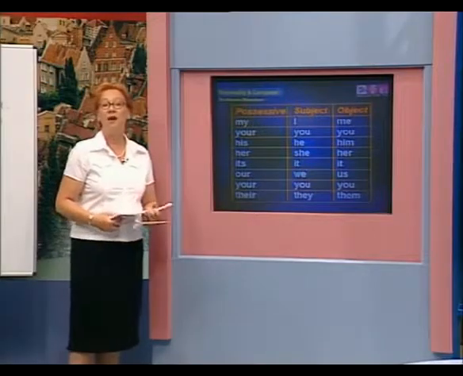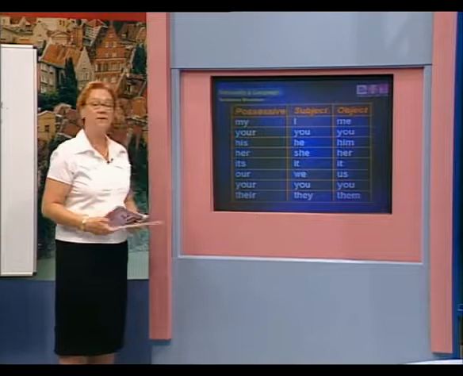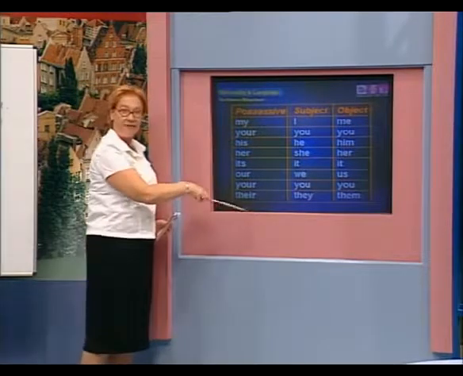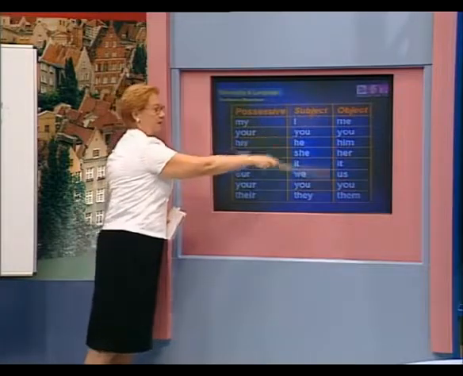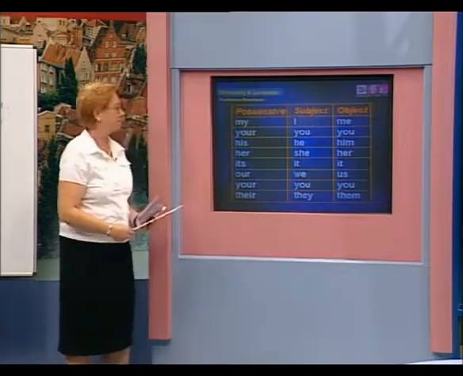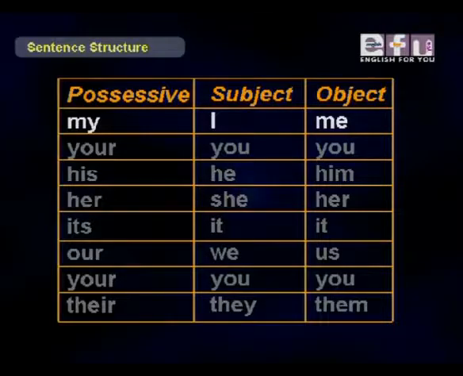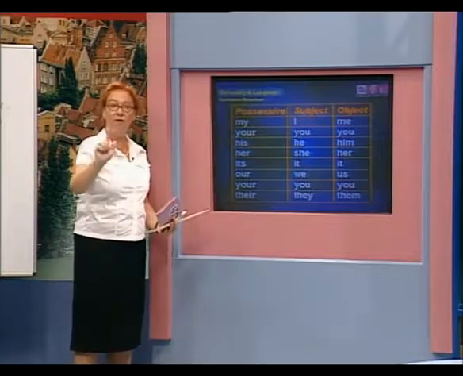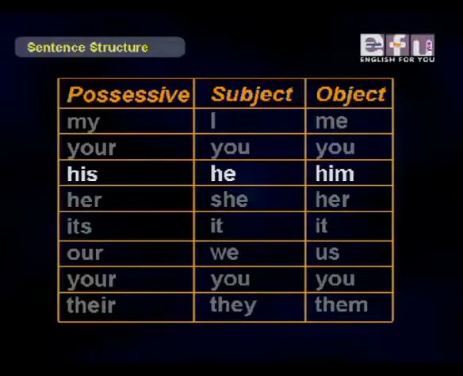Now, let's talk more about pronouns. These are three of the pronouns. So listen to the sounds. We have possessive, subject, and object. My, I, me. Your, you, you. His, he, him.